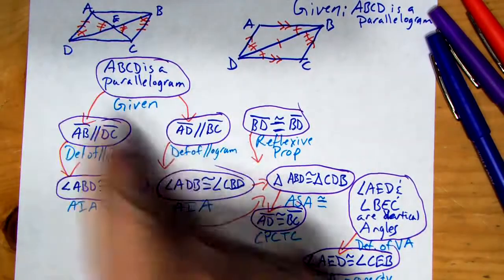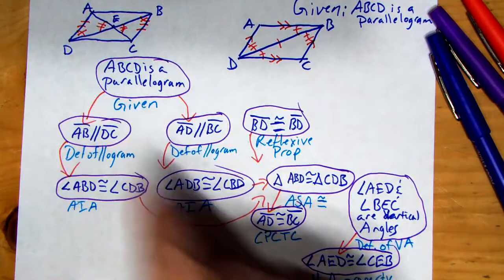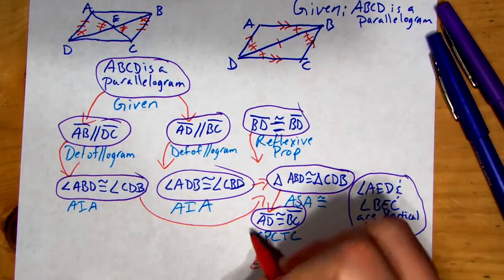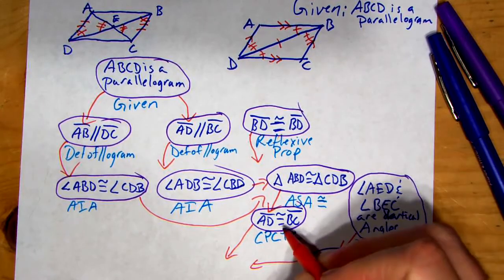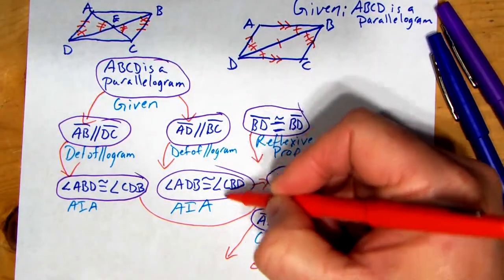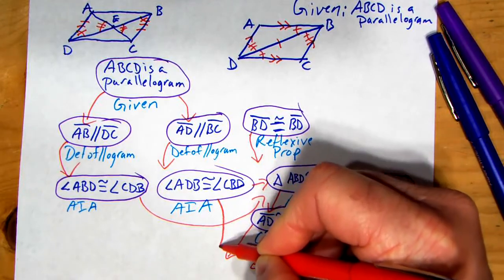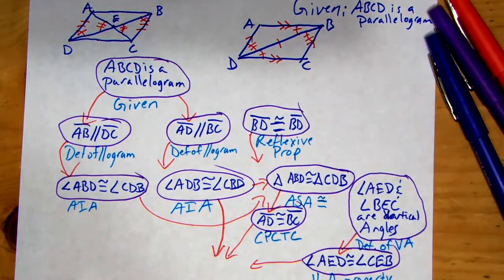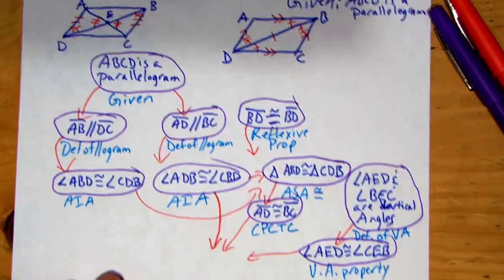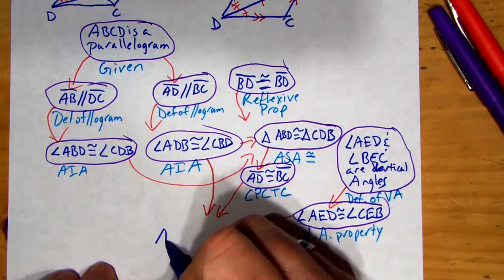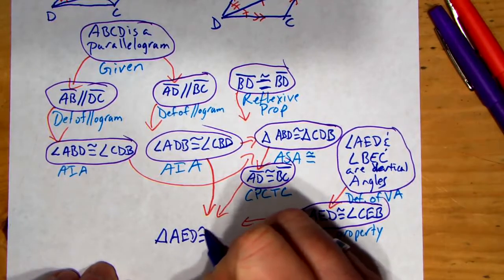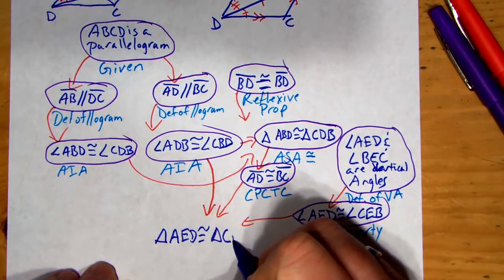Now we've got two angles and a side not in between them, congruent between the two triangles. So let's bring those three things together. So here's one angle, here's the side that's not in between them, and then we're doing ADB, that's this one, to come down here. With those three pieces of information, I can say that I have congruent triangles now. The triangle AED is congruent to triangle CEB.